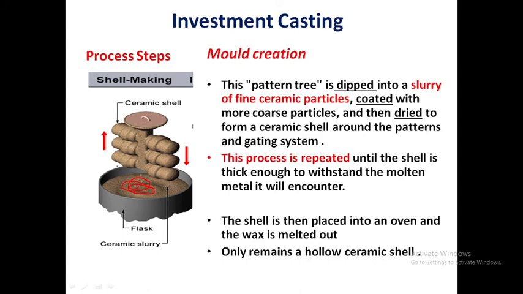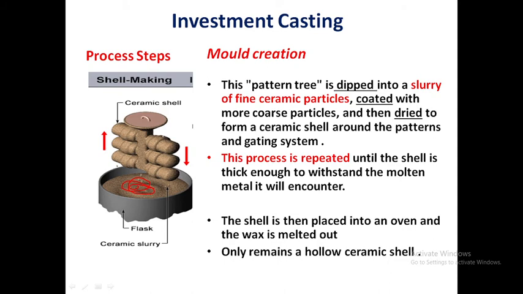Due to that, the wax present here is coated with ceramic particles. After that, it dries to form a ceramic shell around the patterns and gating system. This process is repeated until the shell is thick enough to withstand the molten metal it will encounter.